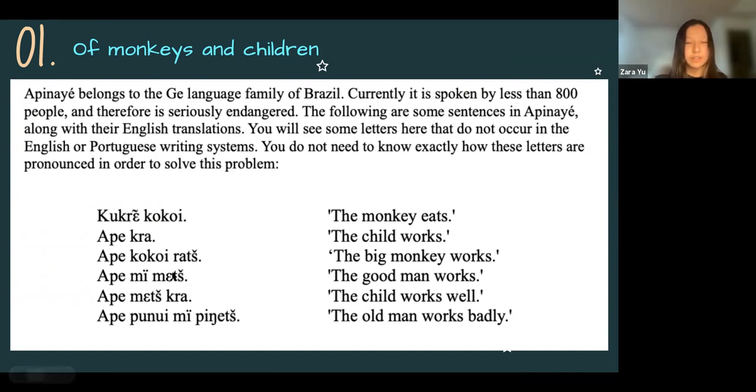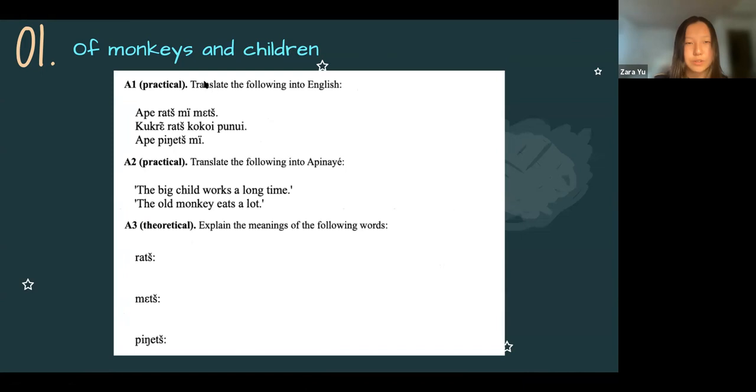Some of these are kind of unknown to us, so you don't need to know exactly how these letters are pronounced in order to solve the problem. It gives you these translations, and then you have to translate these into English, translate into the language, and then explain what these mean.